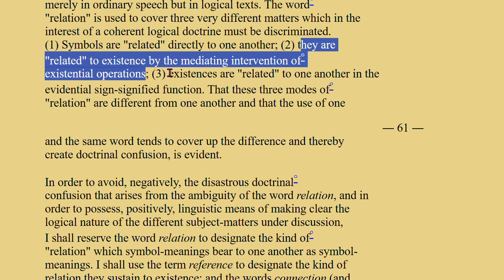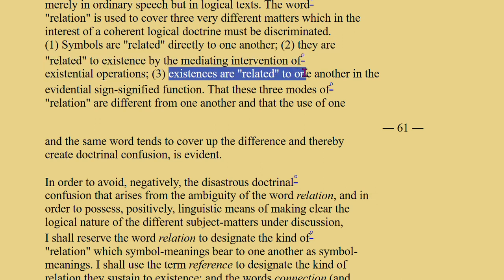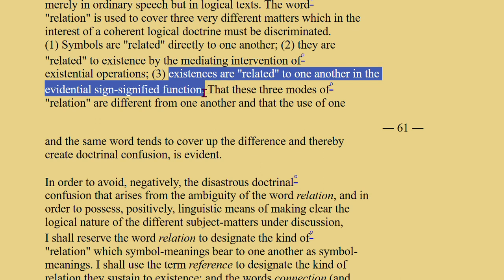And then number three, existences are related to one another in the evidential sign-signified function. So the existences, things, right? Objects that we can perceive in the world, those things are related to one another in the evidential sign-signified function. So a dark cloud can signify rain, and those are two things in the world.